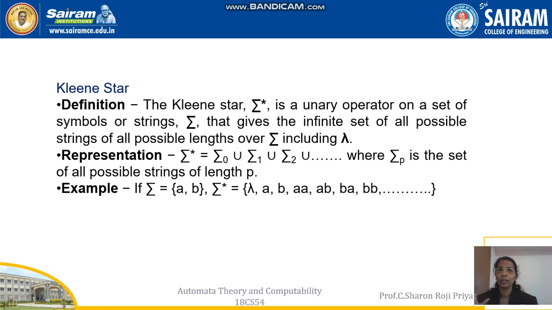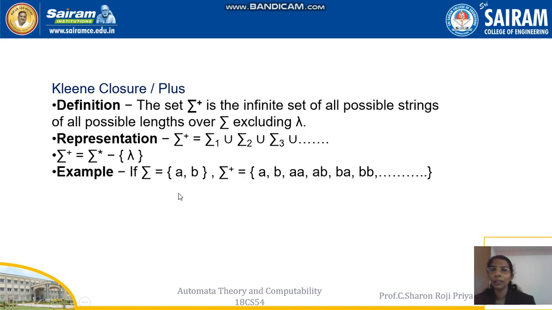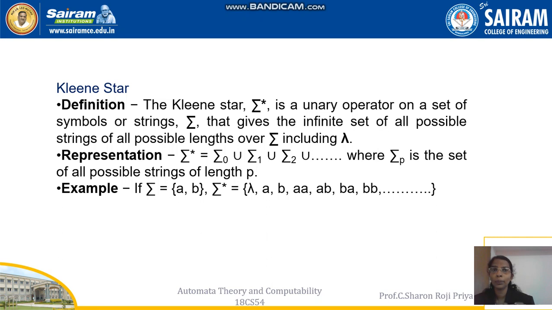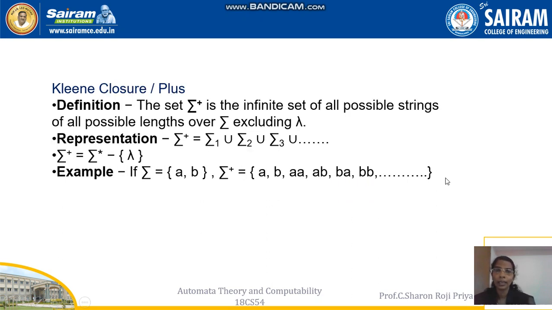In the example, they have given A comma B, so I have 2 symbols in my alphabet. I can have an empty string, or a single A, 2 A's, 3 A's, and it goes on, or a single B, 2 B's, 3 B's, or a combination of both, AB, BA, AAB, BBA, like that. It will be an infinite set of all possible strings.